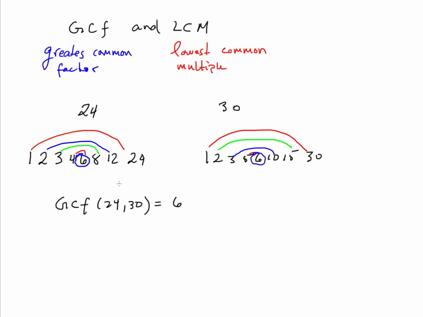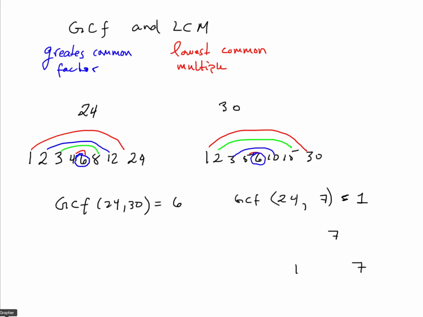If the greatest common factor of two numbers is 1, then we call these two numbers relatively prime. So for example, if I have 24 and 7, and I were looking for the greatest common factor of these two, it would turn out that the greatest common factor would be 1, because if I take the 7 and I do the factor rainbow of 7, it's just these two numbers, 1 and 7.